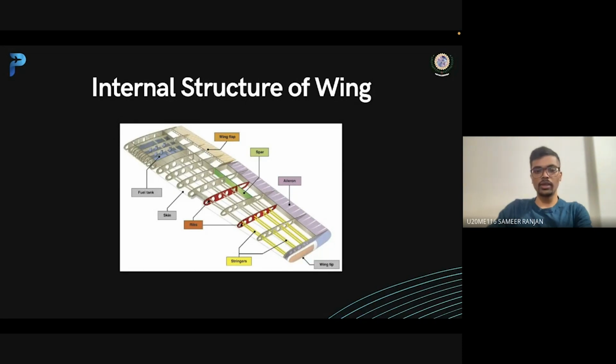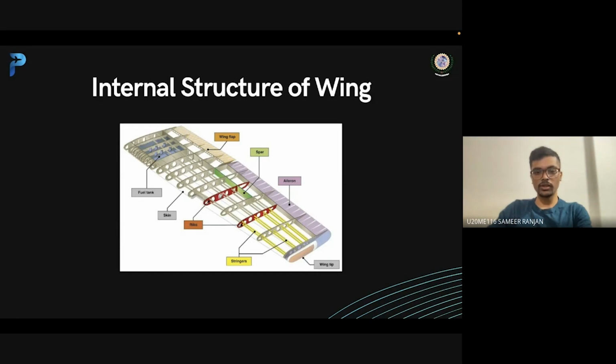So we cannot make a solid wing, as it will increase the weight of the wing and it will eventually break off from the fuselage. So to give it proper structural strength and to decrease its weight, we use this kind of internal structure.